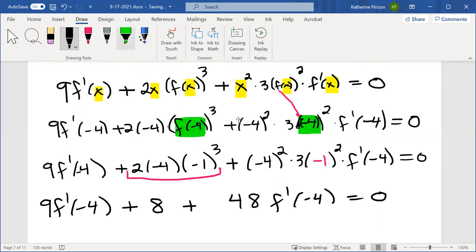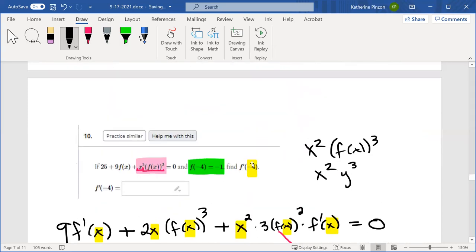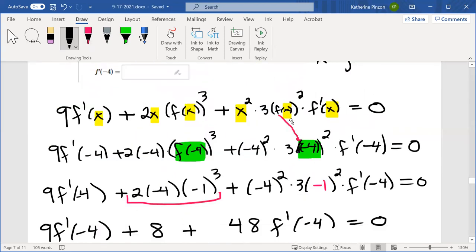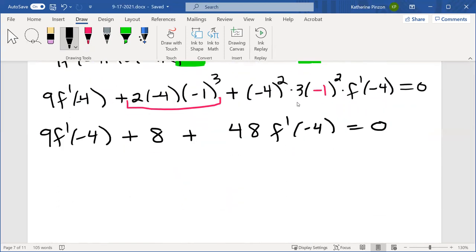We're trying to find f prime of -4, right? That was our goal, find f prime of -4. So right now I have 9 f prime of -4s plus 48 f prime of -4s makes how many? 9 plus 48 makes 57 f prime of -4s. So I combined these two guys together because they're both like 9x's plus 48x's.